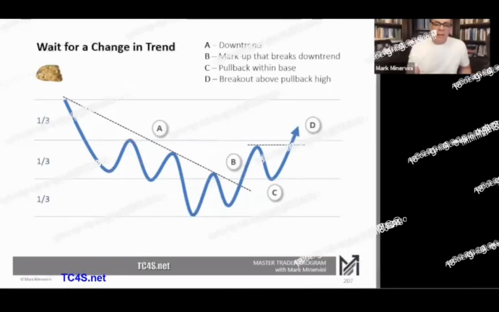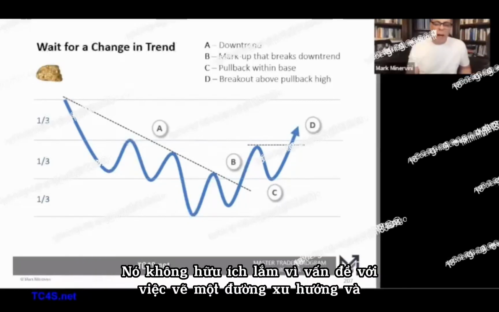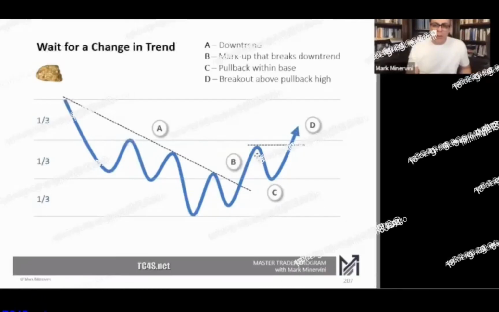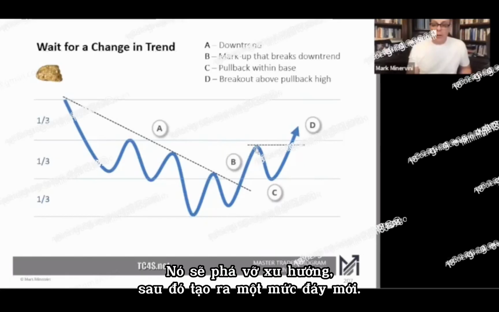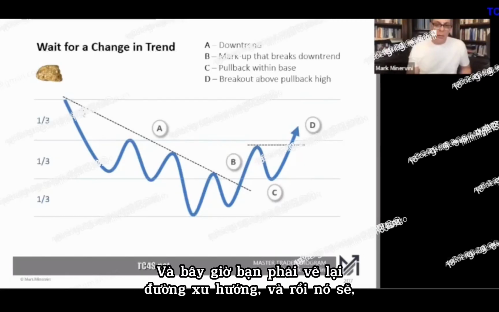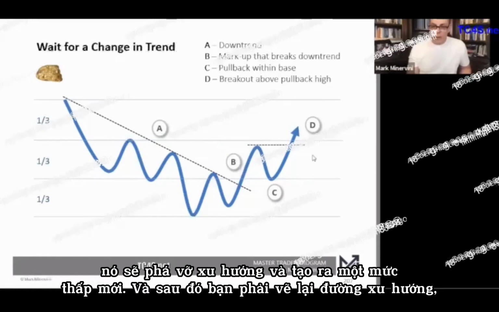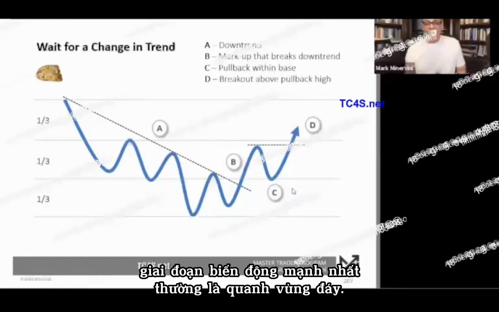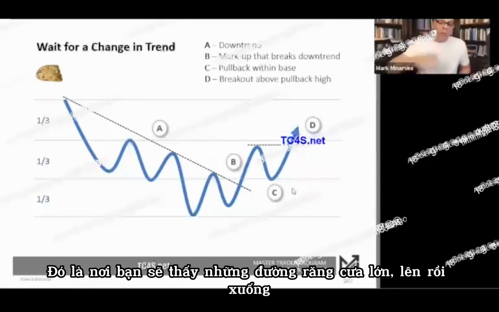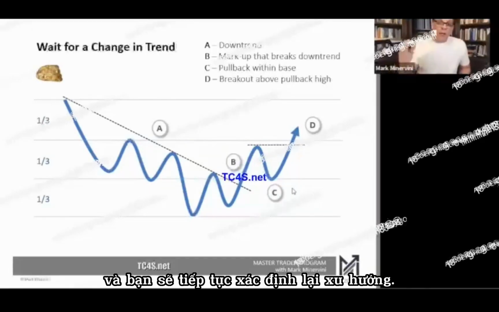It's not very useful, because the problem with drawing a trend line and having the trend broken is that the stock will redefine the trend. It'll break the trend, then make a new low, and now you've got to redraw the line. Then it'll break the trend and make a new low, and you've got to redraw the line. Each time the volatility widens and widens. When a stock is correcting, the most volatile period is usually around the bottom, so you'll get these big whipsaws back and forth, and you'll just keep redefining the trend.